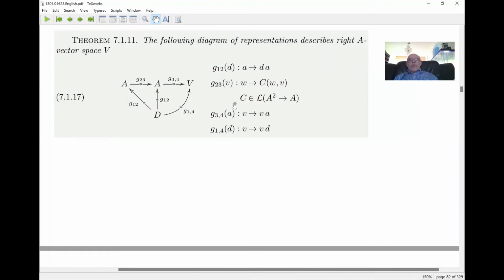The diagram of representation 1.17 describes a right vector space V. Here, the representation 1.14 corresponds to the product of vector v over scalar d, and representation 1.15 corresponds to the right-side product of vector v over scalar a.